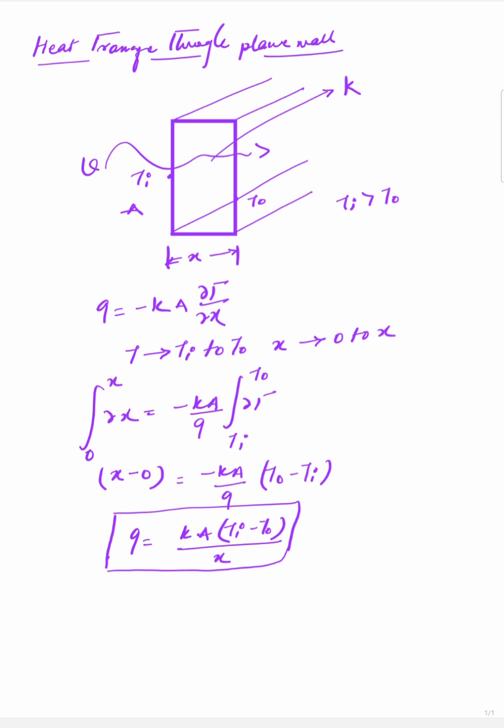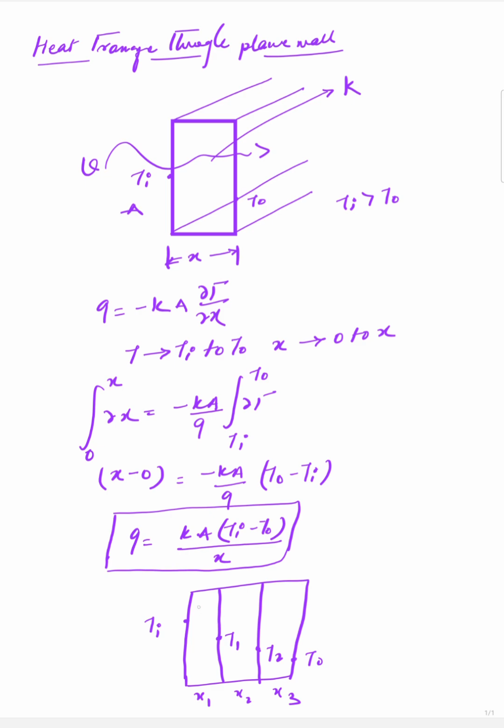So this is the equation for heat transfer through a plane wall. And if this particular plane wall is made of different layers having different thermal conductivity, let's assume that this plane wall is made of three different materials, with uniform area and thicknesses x1, x2 and x3. The inner wall temperature is Ti, then T1, T2, and this is To.